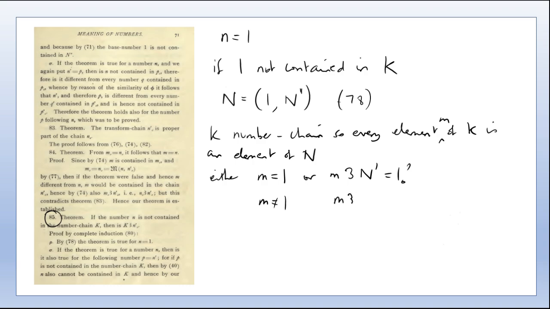So m must be an element in n primed. So if m is an element of n primed, and m was just an arbitrary element of k, that means that k is by definition an element of n primed, which is, of course, equal to the transform chain of 1.